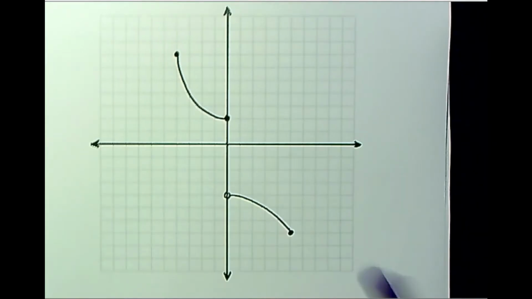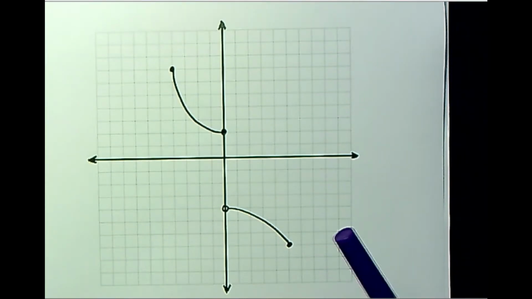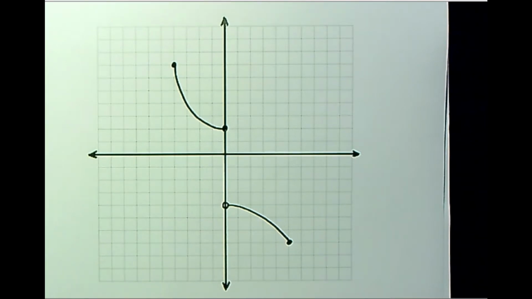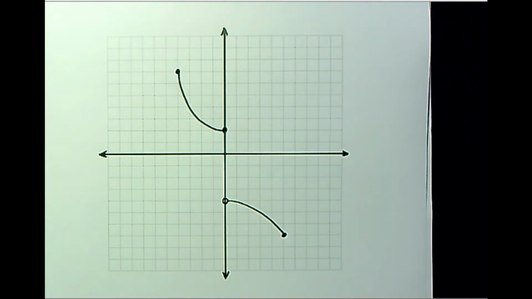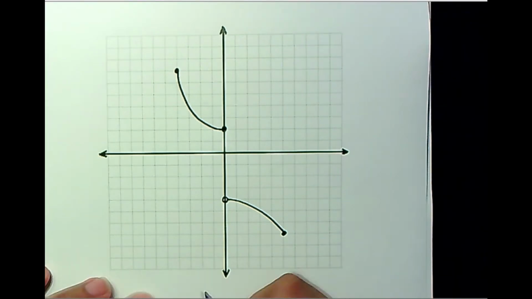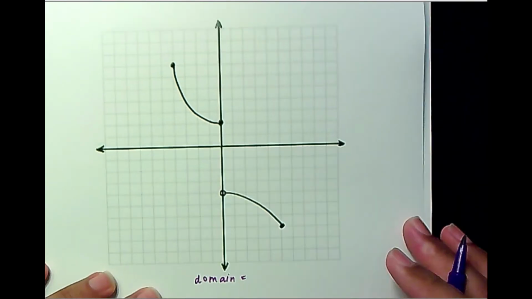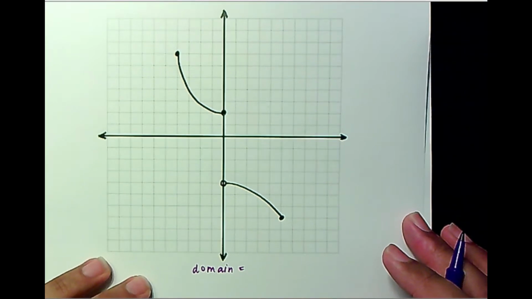So let's do this example. Let's start by trying to find out the domain. The domain of this one is the horizontal span.